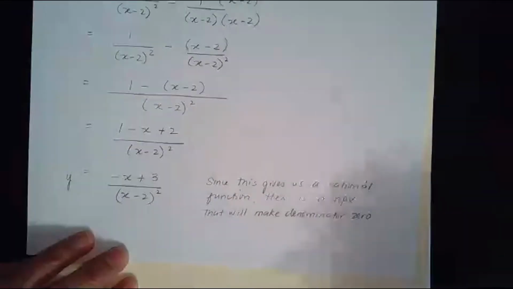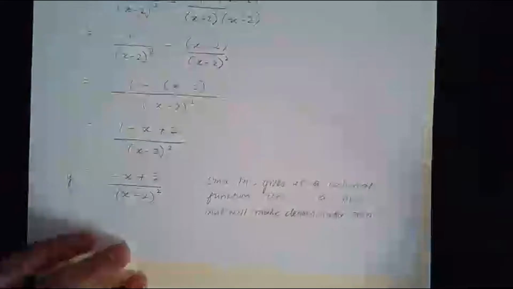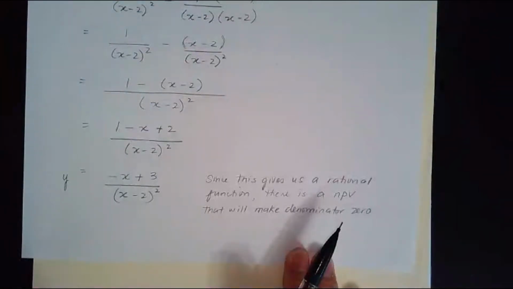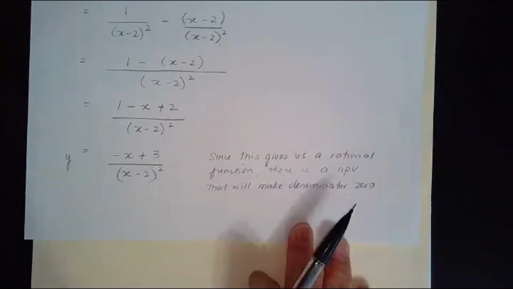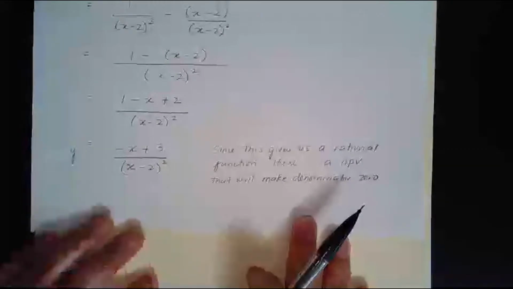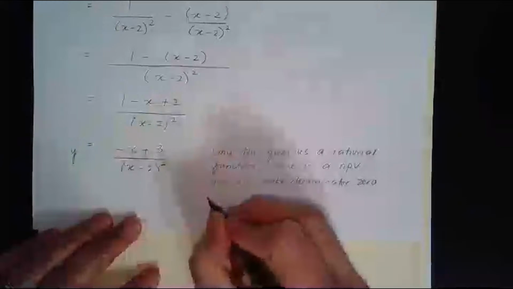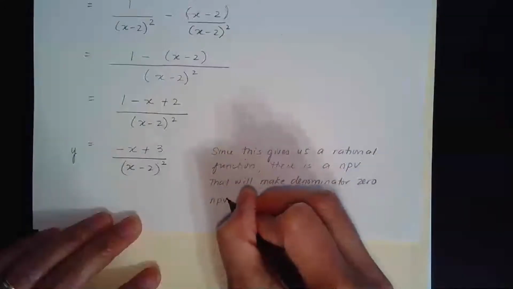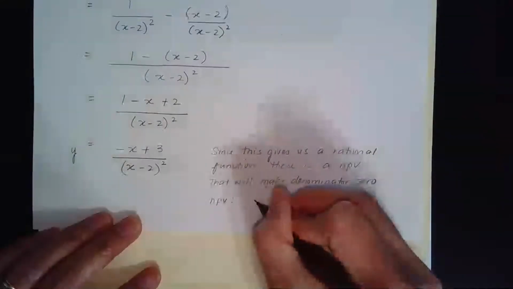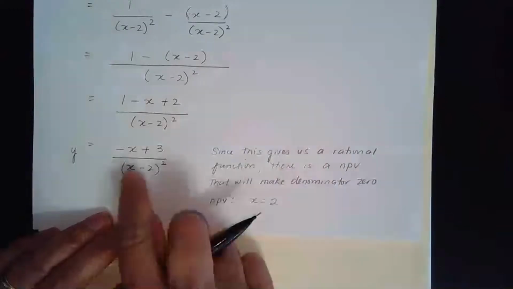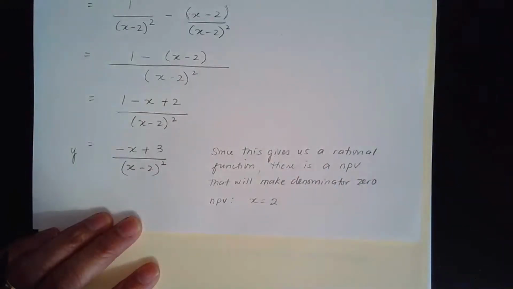The non-permissible value in a rational function is whatever makes the denominator 0, because if we divide by 0, we have an undefined value. It looks like here the non-permissible value would be x equals 2, because that will make the denominator 0.